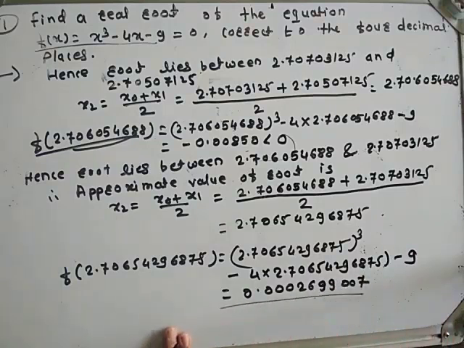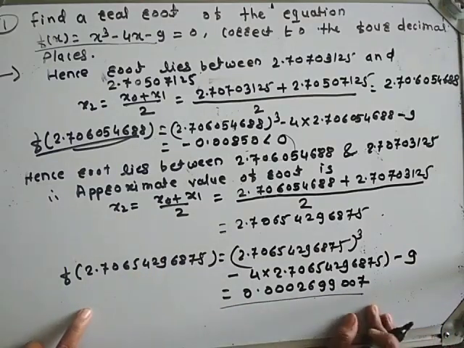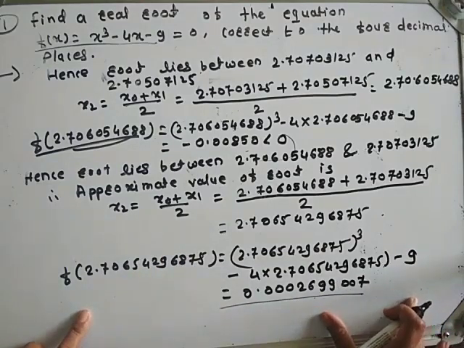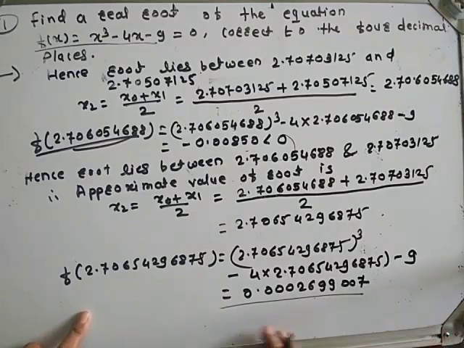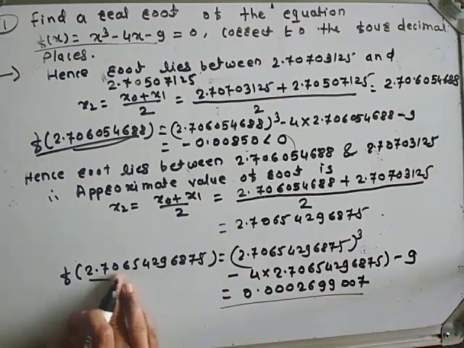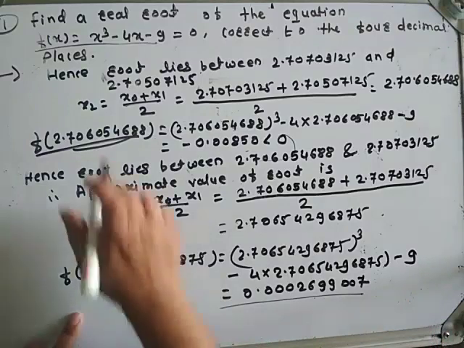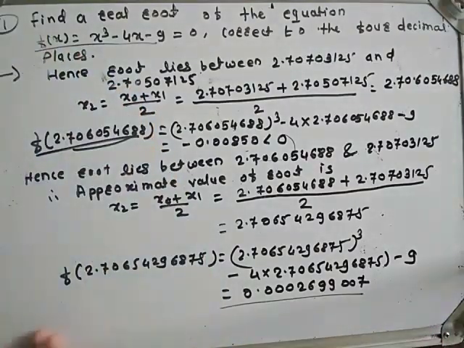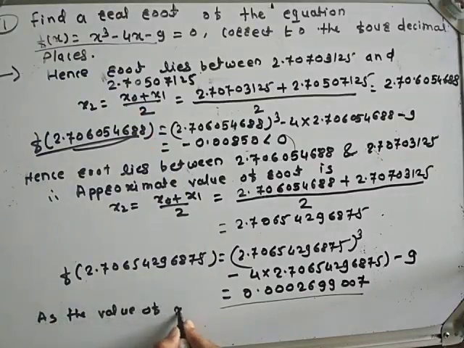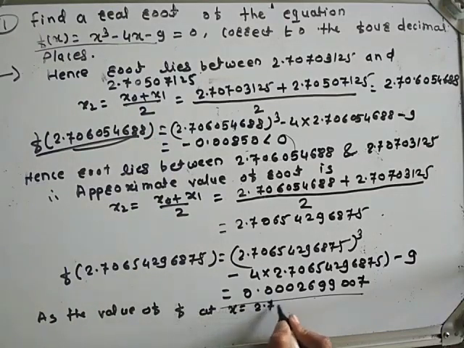See here, the value of the function at this point is very close to 0, so we stop the iteration, and this is the correct root for the given f of x. The value is 2.7065.